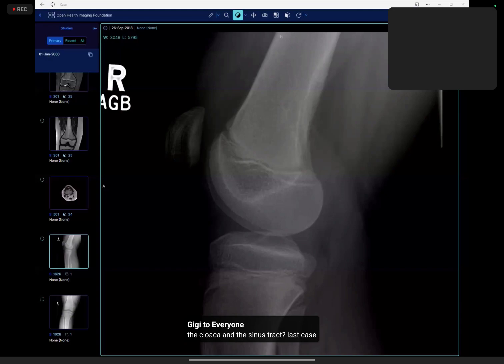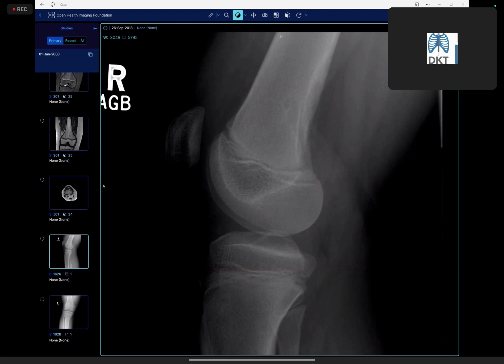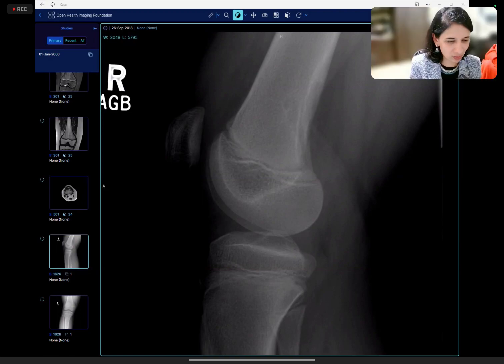Priya, there was a question in the chat about a lesion which was a chondroblastoma, and the question is, could it be an enchondroma? Okay, fine. So I'll go to the chondroblastoma. Oh, that was candidate two's.